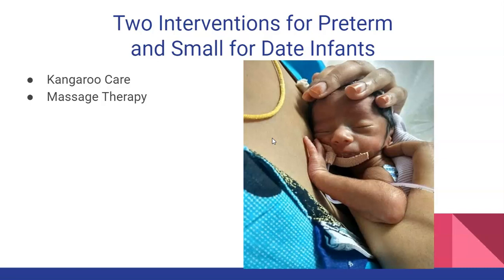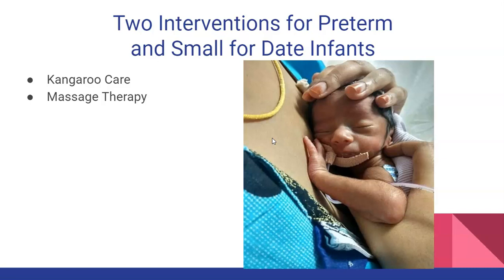And of course, the child will be eating while they're in the NICU, so they'll be able to hold on to the weight, because that kangaroo care helps to regulate their bodily functions, not only when they're on the chest of someone, but also when they are in an incubator.